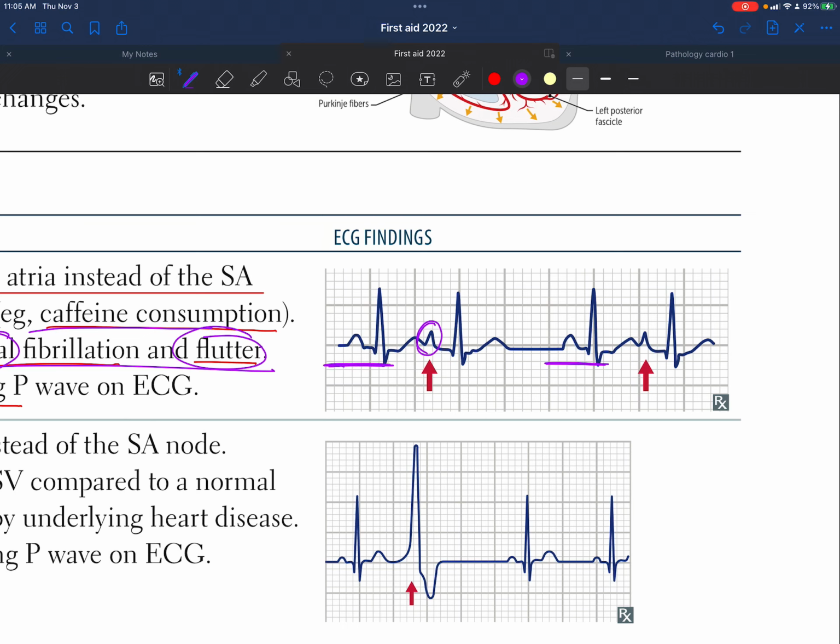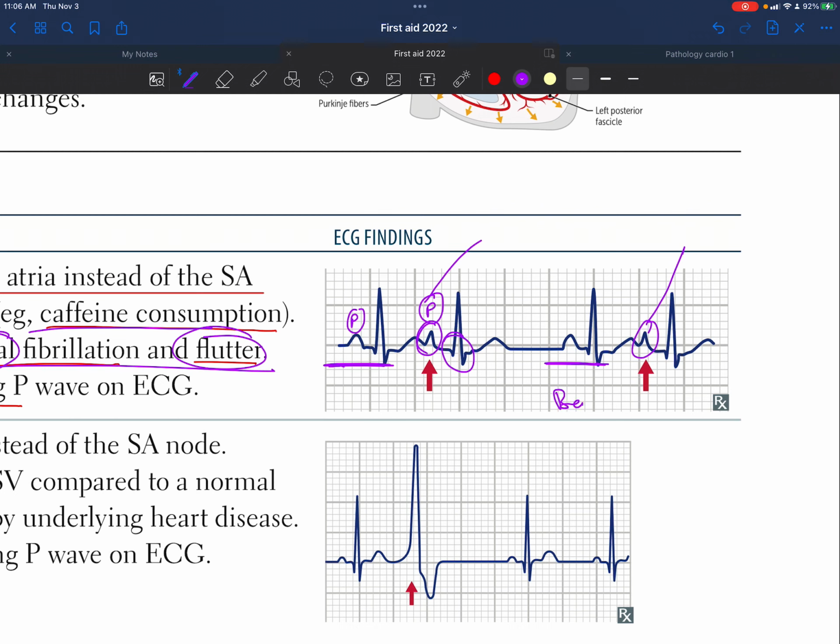That is the P wave coming from the atrial contraction initiated by the SA node, while over here this P wave is the ectopic one that happened because of the atrial contraction due to the ectopic foci. It is then followed by a narrow QRS complex over here. So this is the one that we're talking about, and this is the second one that we're talking about.